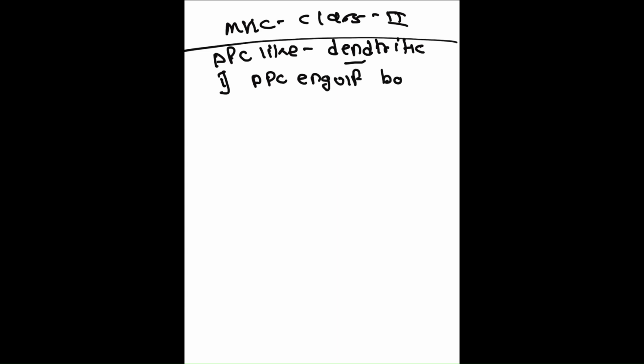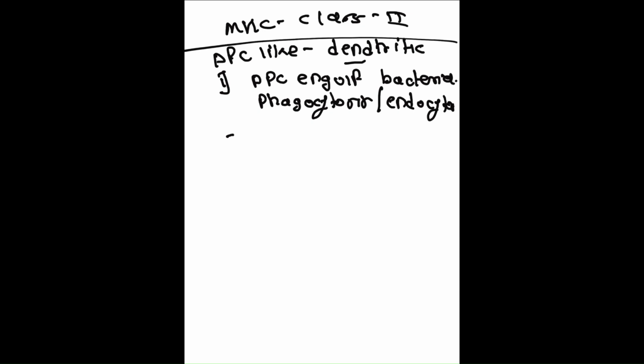First, the APC engulfs a bacteria or virus by phagocytosis or endocytosis. So what happens in MHC1? The whole cell is already infected. And what is happening in MHC2? The APC engulfs the bacteria. You should know the difference.